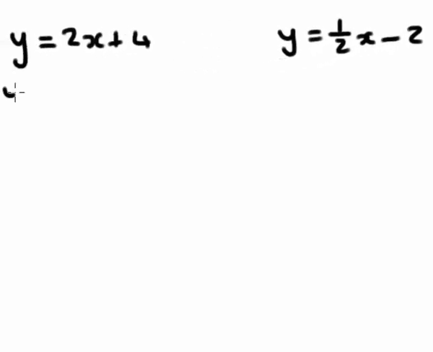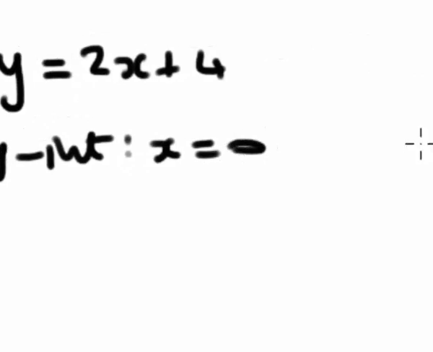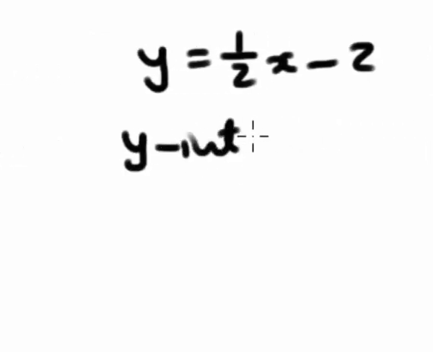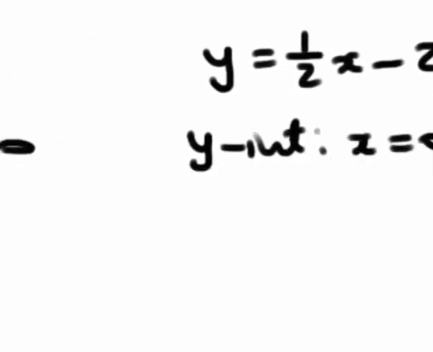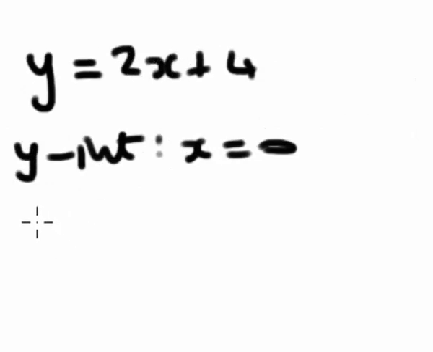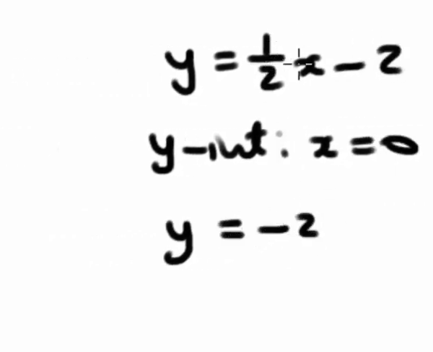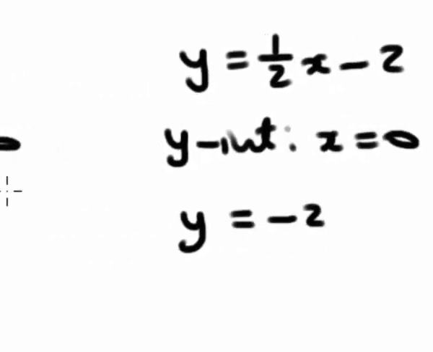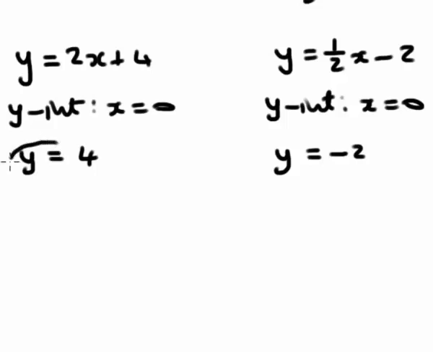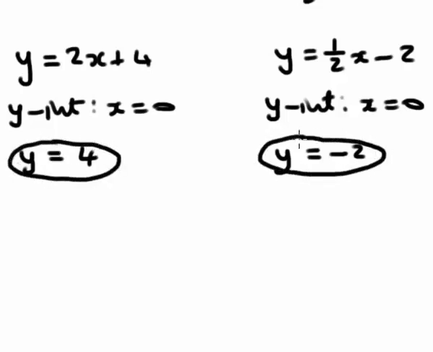The trick with this is to get the y-intercept first by letting x be naught. This is from grade 10 days. If x is naught, y is equal to 4. And likewise, y will be negative 2 if x goes to naught here. This is the y-intercept of this graph, and the inverse graph is negative 2.